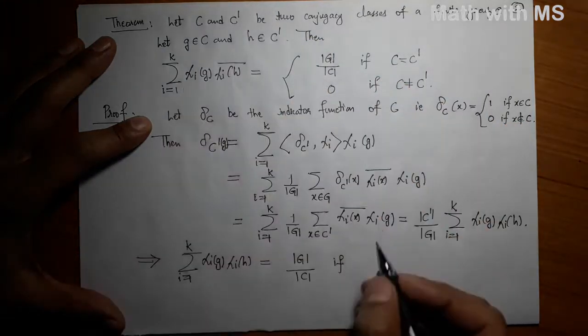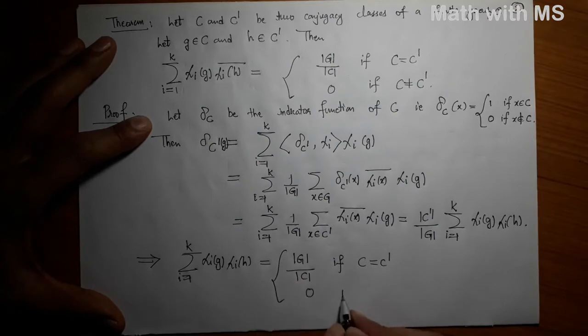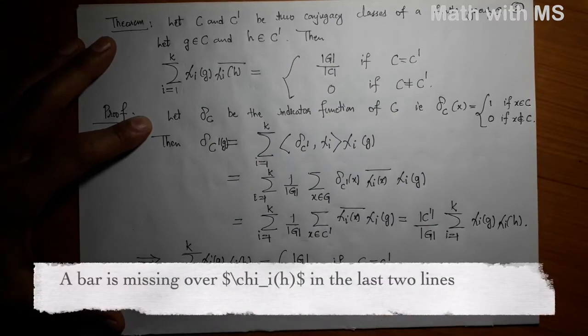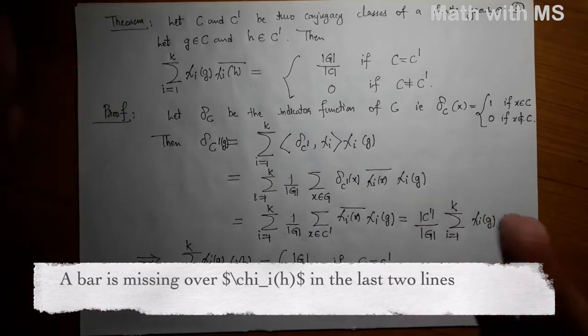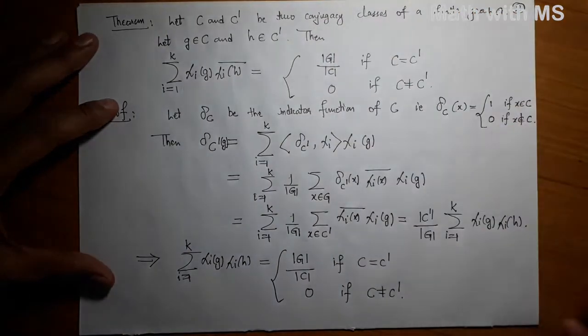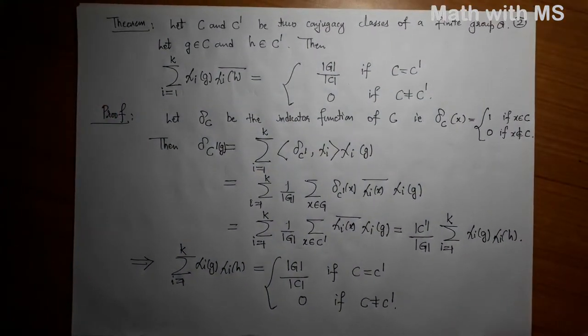Therefore that means C is C prime, if C is the same as C prime, and 0 if C is not the same as C prime. This shows that the columns of the character table are orthogonal with respect to the Hermitian inner product on the complex vector space C^k, where k is either the number of conjugacy classes, which is the same as the number of irreducible characters of the group.